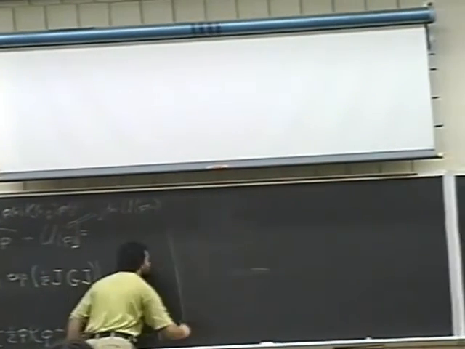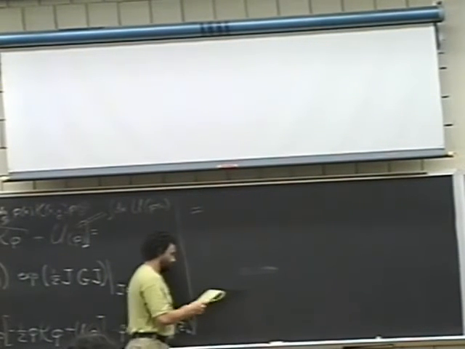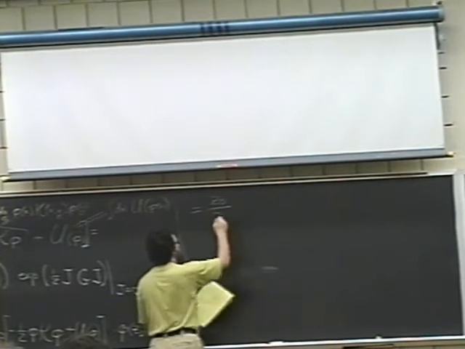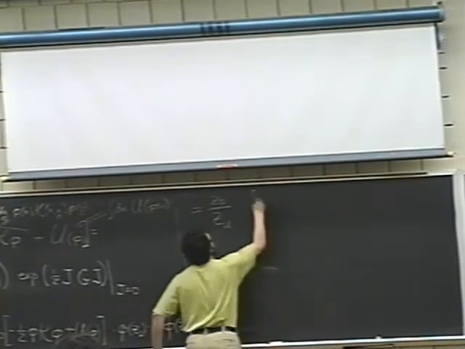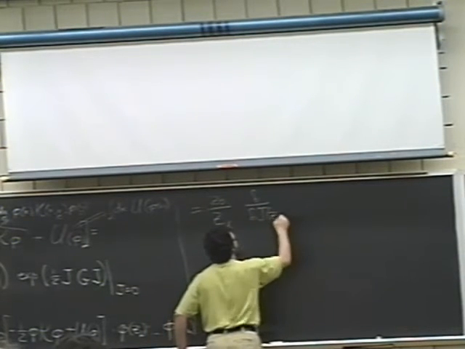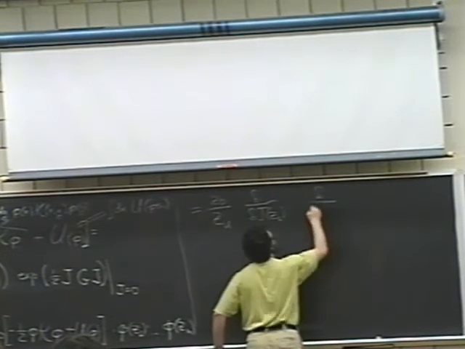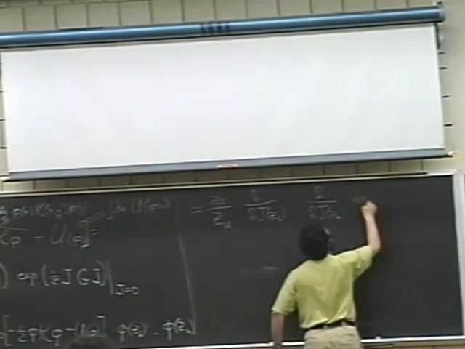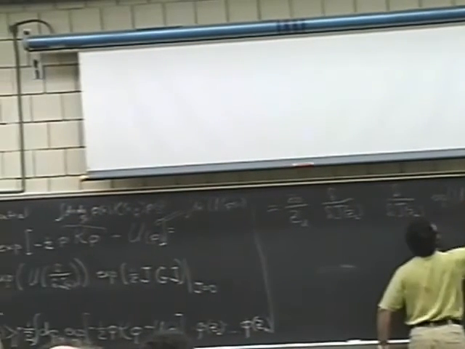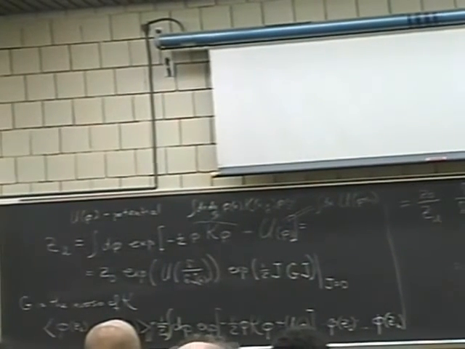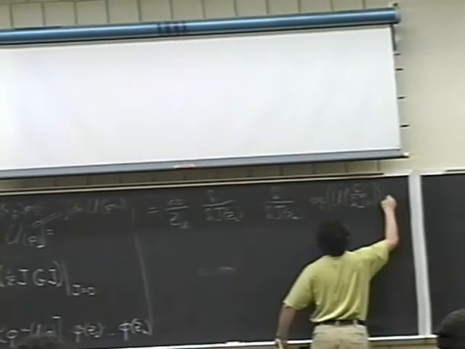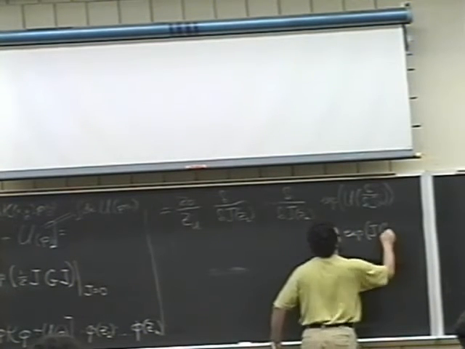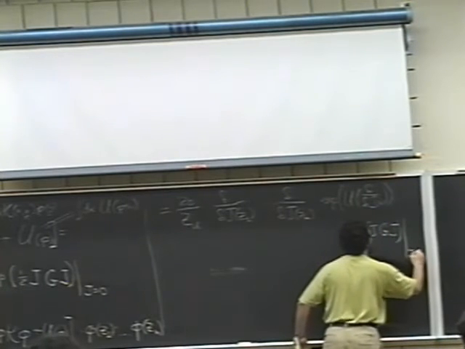So this is the correlation function, and then assume that it can be written, finally as z naught over z u, d over dj z1 through zm, and then the exponent of u over d over dj x, all these acting here on the exponent of j, and evaluated at g.